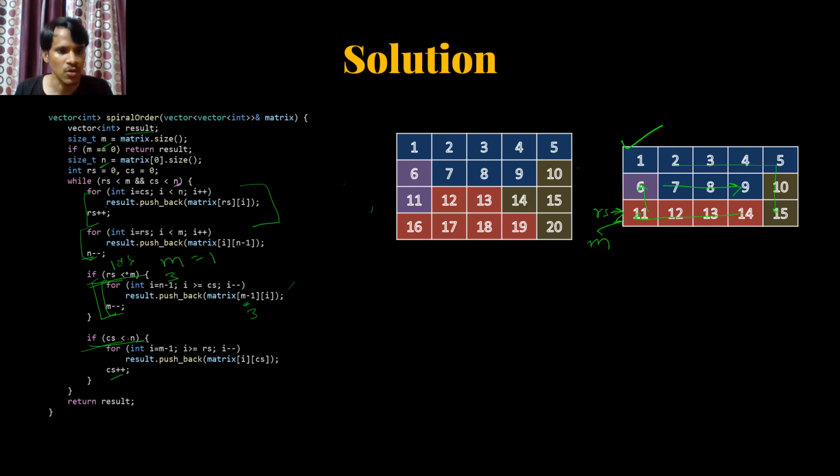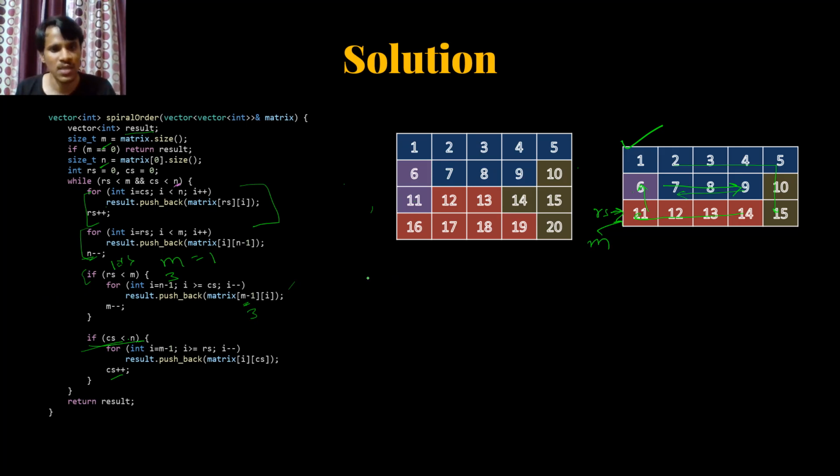Since row start is not less than the number of rows currently, we don't execute this. So this condition prevents this row from being printed in reverse order. That is the reason we have these conditions.